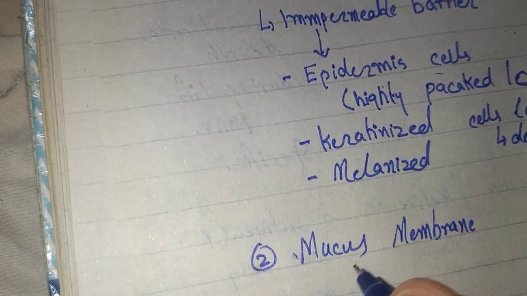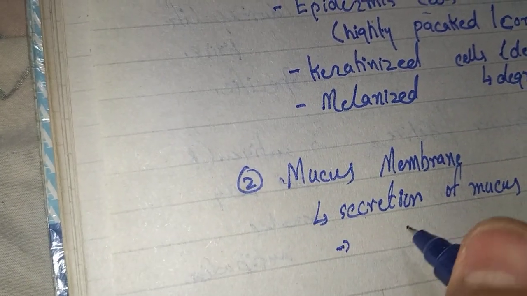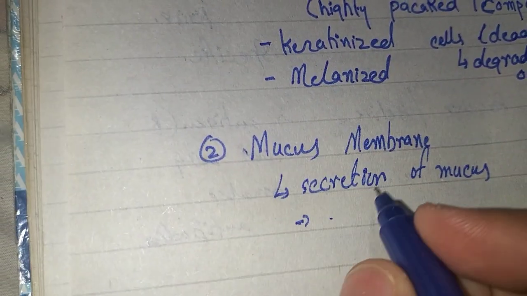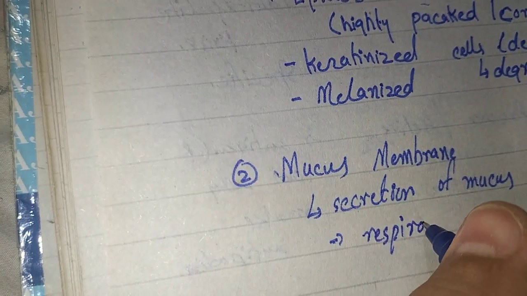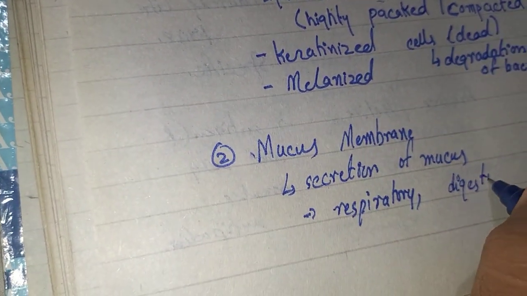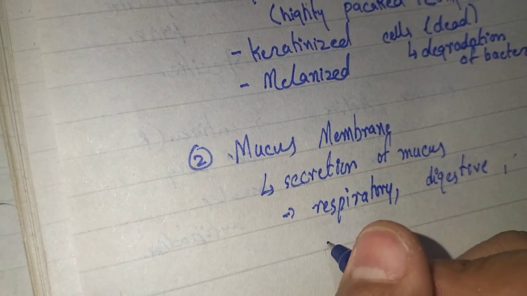The mucous membrane secretes mucus, and it is present in the respiratory tract, the digestive tract, and the reproductive tract.